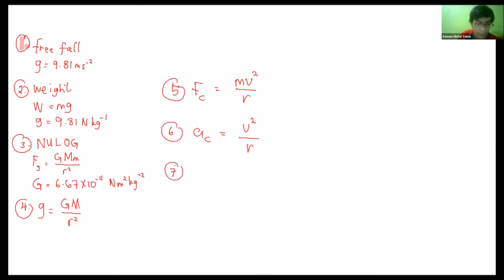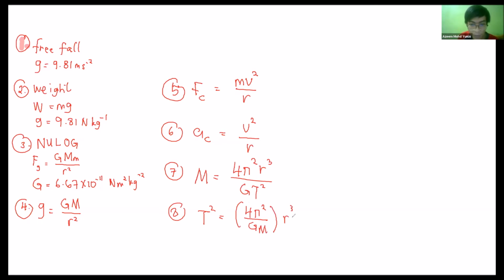Number 7 is the mass of the planet or sun, 4 pi squared r cubed over G T squared. Number 8 is Kepler's third law, T squared equals 4 pi squared over GM times r cubed.